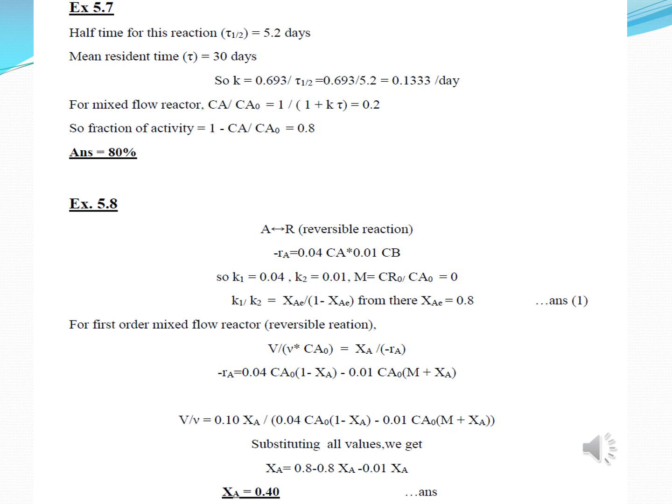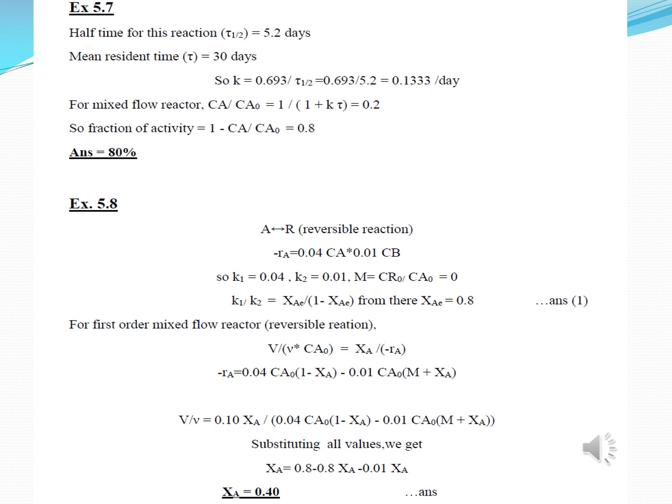So X is 80%. This is the equilibrium conversion. Now we need to calculate the actual conversion. So for a first order mixed flow reactor with a reversible reaction, we have this expression, V by V naught, this is the performance equation for the mixed flow reactor, and for the reversible reaction we put the value of the rate of reaction, and we put the initial concentrations, and substituting all the values in that, we end up with this expression: XA is equal to 0.8 minus 0.8 XA minus 0.01 XA.